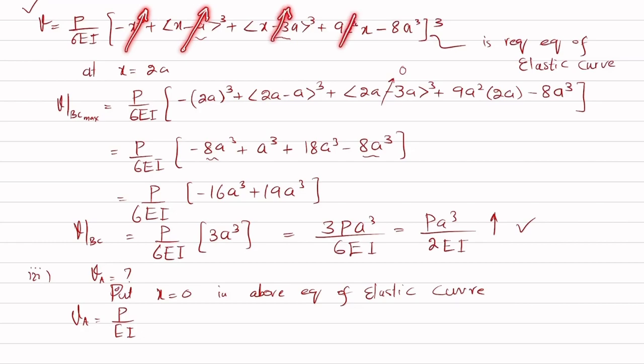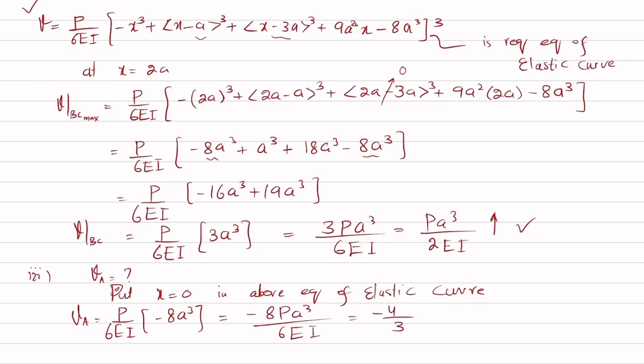This will be 0, this will be 0, and we will be left with minus 8a cube, and there is 6. So minus 8pa cube over 6EI, and that will be equal to minus 4 over 3 pa cube over EI.